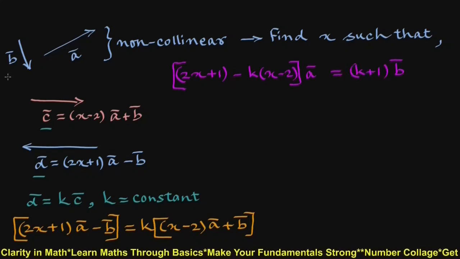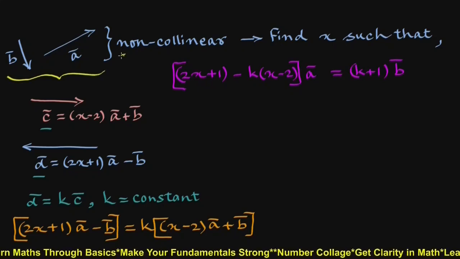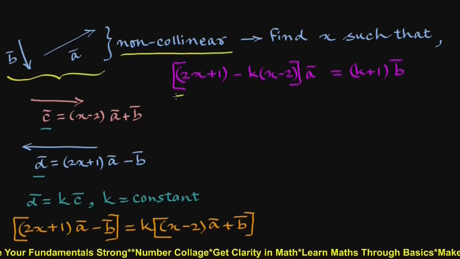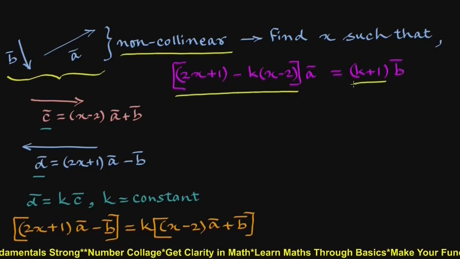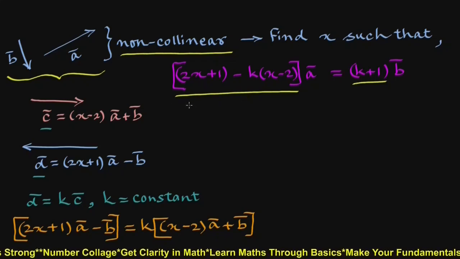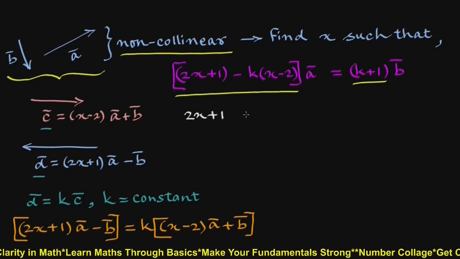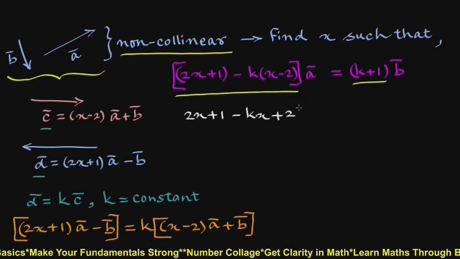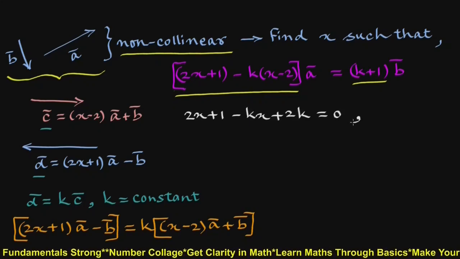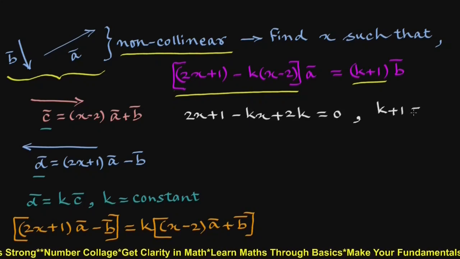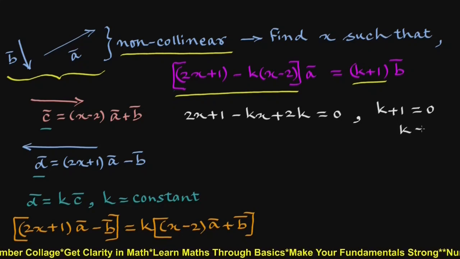Now, as b bar and a bar are non-collinear, coefficient of a bar and coefficient of b bar will be 0. So we write 2x plus 1 minus kx plus 2k equals 0, and k plus 1 equals 0. That gives k equals minus 1.